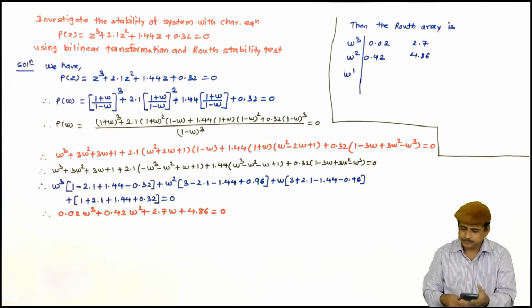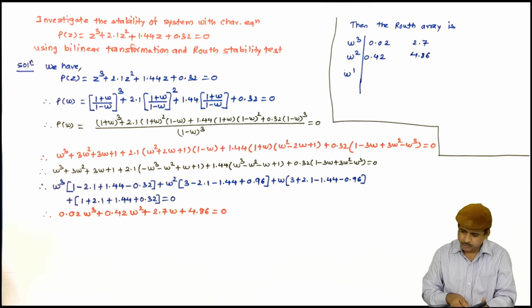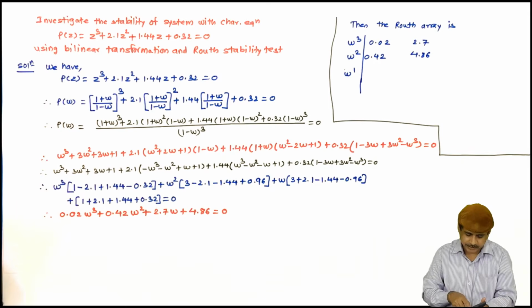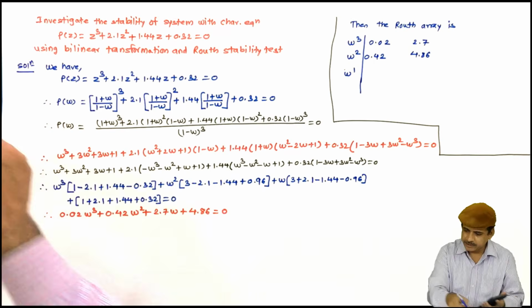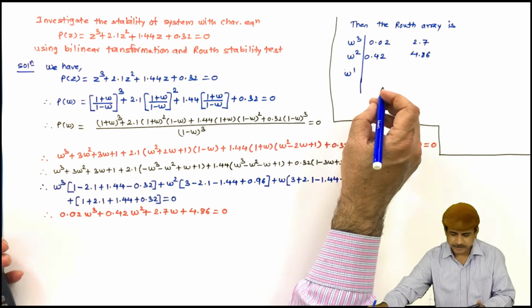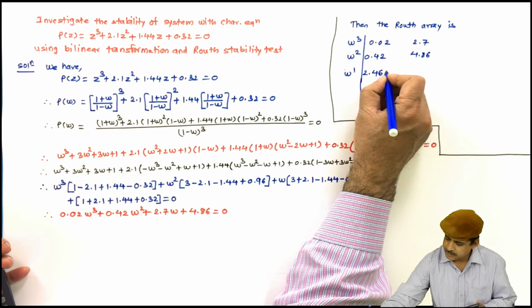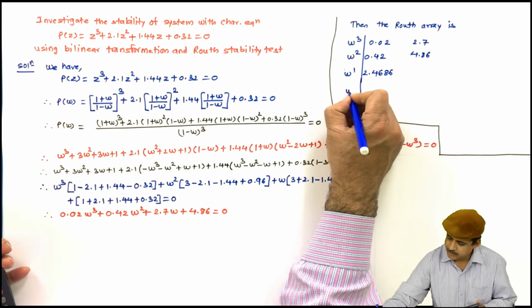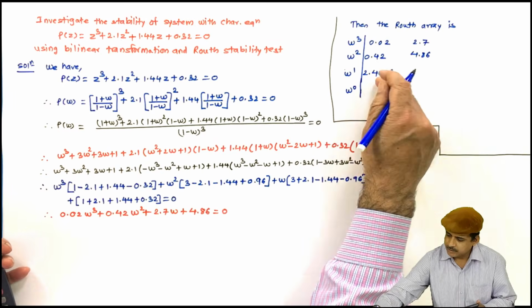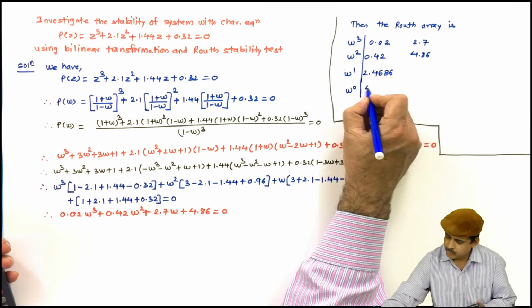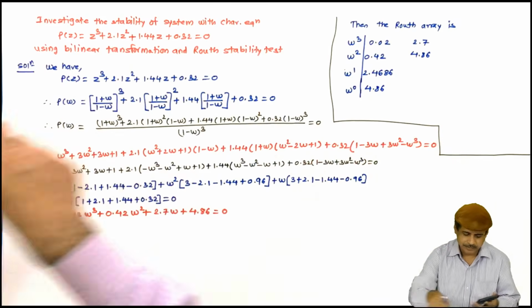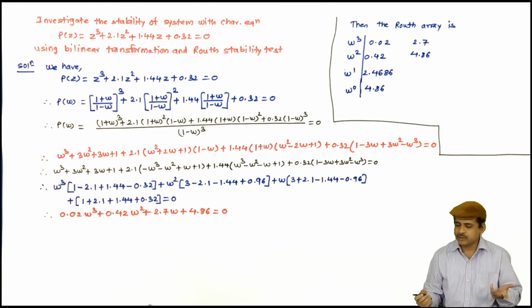Let us do it. (0.42 × 2.7 - 4.86 × 0.02) / 0.42. So it is coming 2.4686, and then W^0 will be this multiplied by this divided by this, which will be 4.86. And now I have the conclusion.